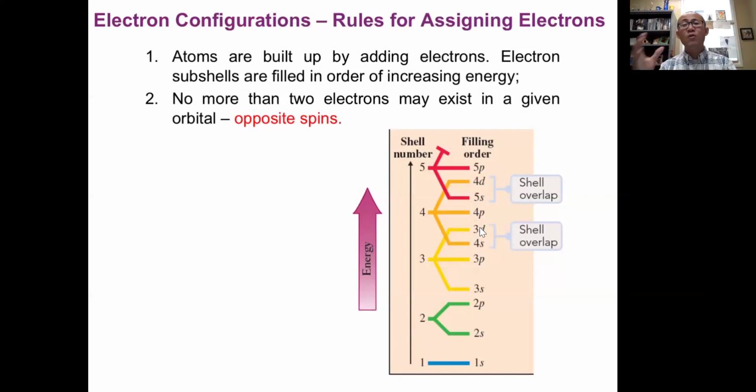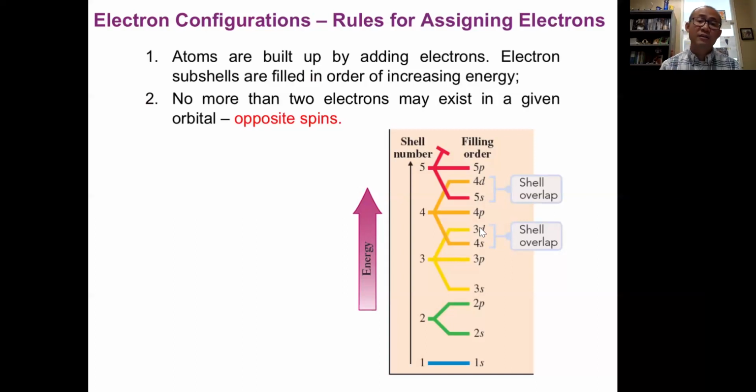Once we know how electrons are filled in, we call that the configuration of the electrons in an atom. Now, there are 2 general rules we'll show you first, and there are a couple more rules. Here are the general rules for filling electrons in these orbitals, remember, orbitals are where electrons are filled.